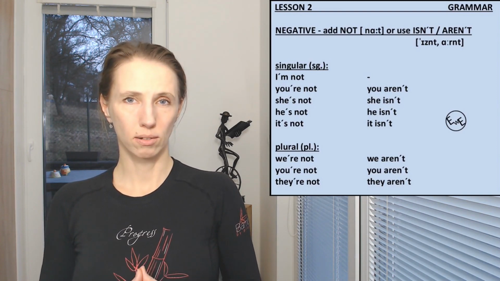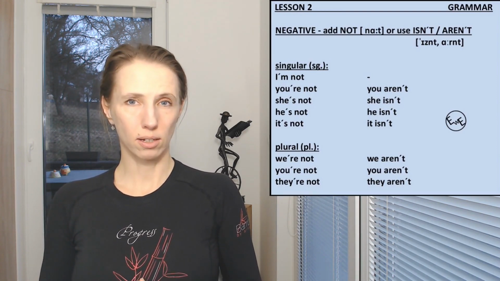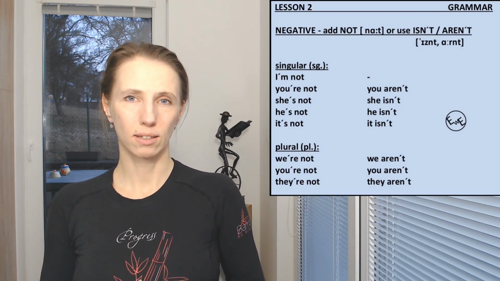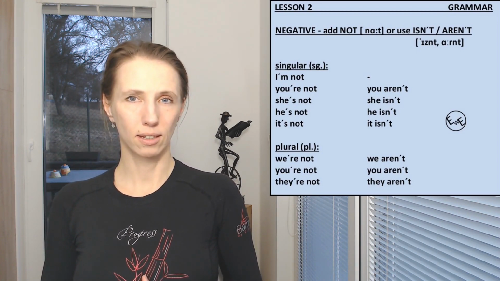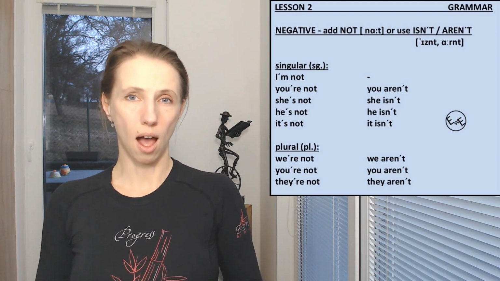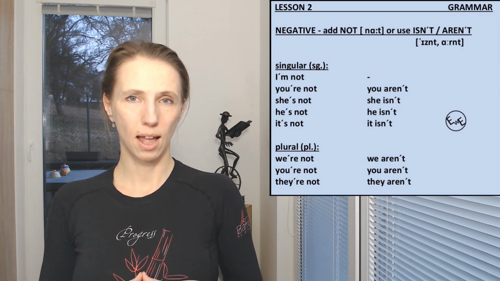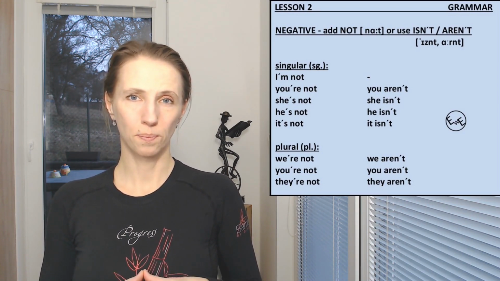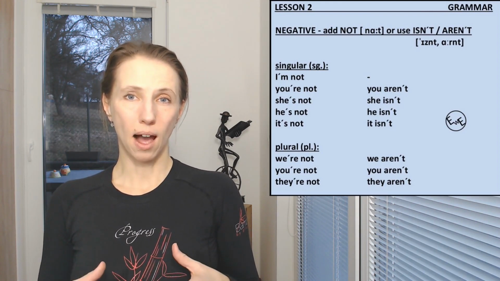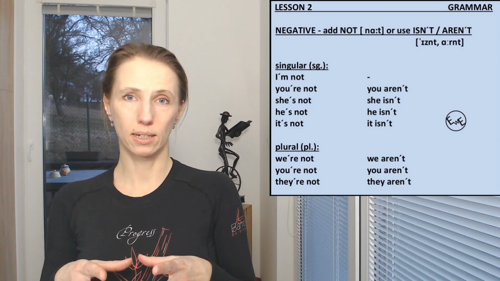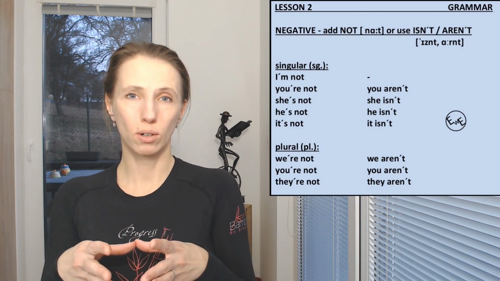I'm not. You're not. She's not. He's not. It's not. We're not. You're not. They're not. The other way how to form a negative is to omit the letter O in not.